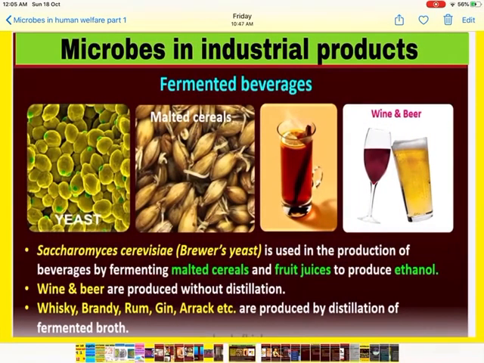First of all, let us see fermented beverages. Saccharomyces cerevisiae is also known as brewer's yeast, which is used in the production of beverages by fermenting malted cereals. Malted cereals are the germinating cereals, and also fruit juices. If fruit juice or malted cereals are fermented by using the yeast, then we get the ethanol.